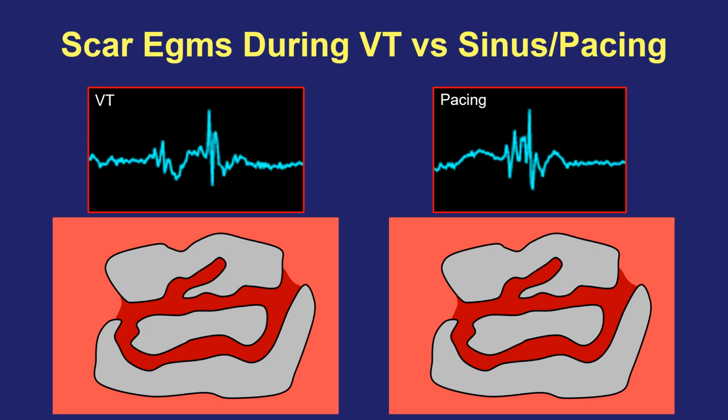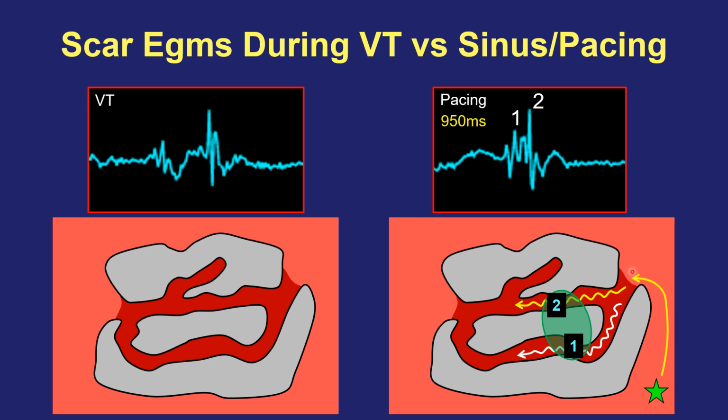Another potential explanation on why you might see two signals closer together during pacing than during VT is reflected in this hypothetical scenario. Let's say you have a recording bipole that shows signals from these two sites. So let's say you have site 1 and 2 here, and let's say we have, in this case, pacing that enters the scar from this location, which will end up being the same location as the entrance.